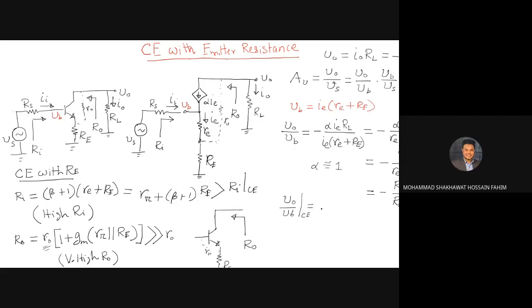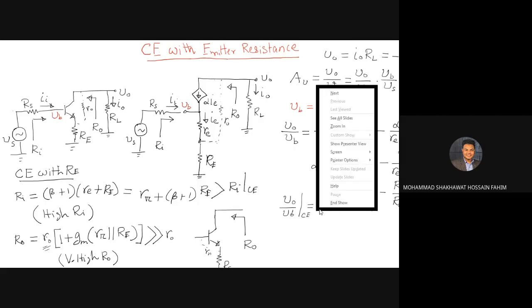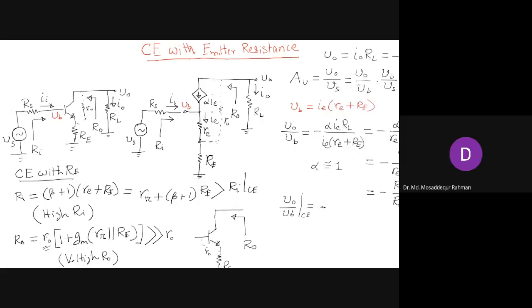So minus GM, r naught in parallel with RL. Which we can usually express as minus GM RL, because the r naught, as we said, is usually much larger than the RL.